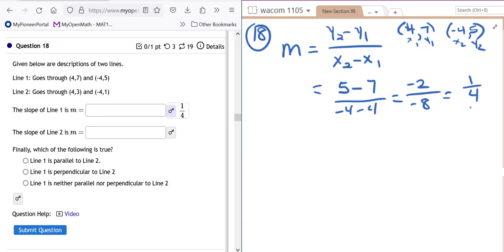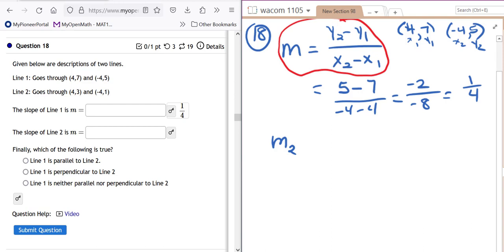Right, and slope for line 2, I'm going to put a subscript on it so we can tell. All right, it just uses the other points, same formula, so you have to know this formula. I'll circle it so you make sure you know that formula. So in it, I have 4, 3, and I have negative 4, 1.